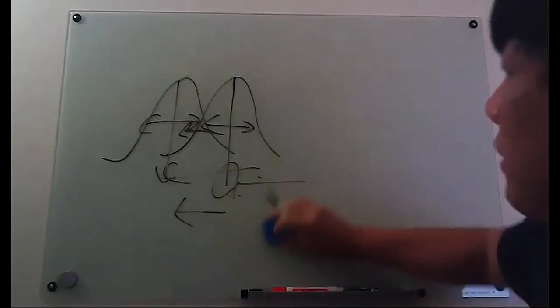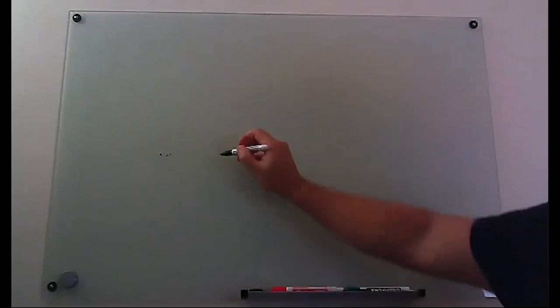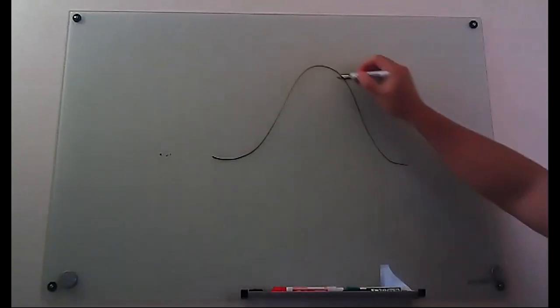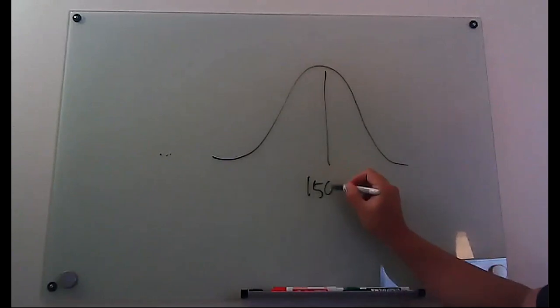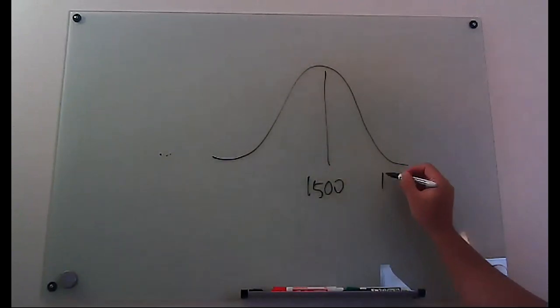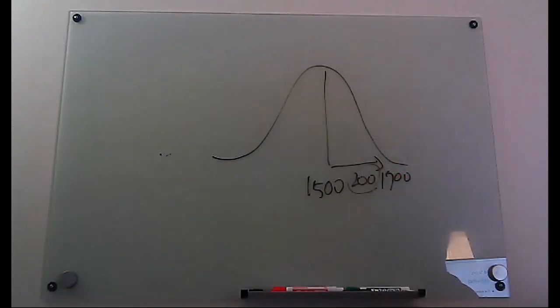When you have a distribution, for example, the SAT distribution, and this is your average. Let's say the average was, in our case, I said 1500, but you are at 1700, right? So you are 200 above, but in terms of standard deviation, pretend we have a standard deviation of 100.